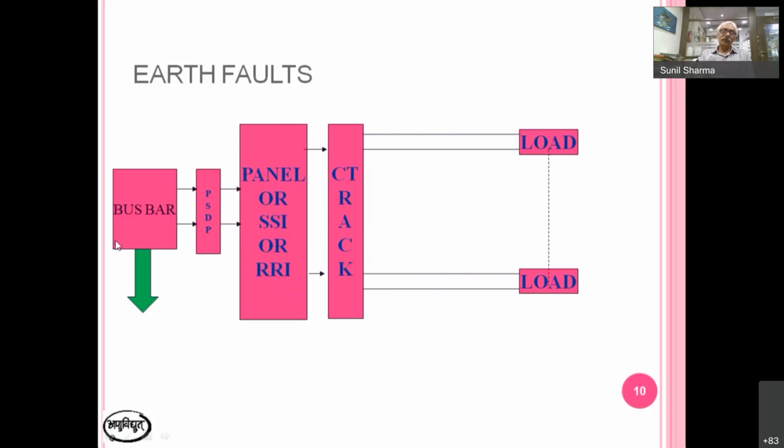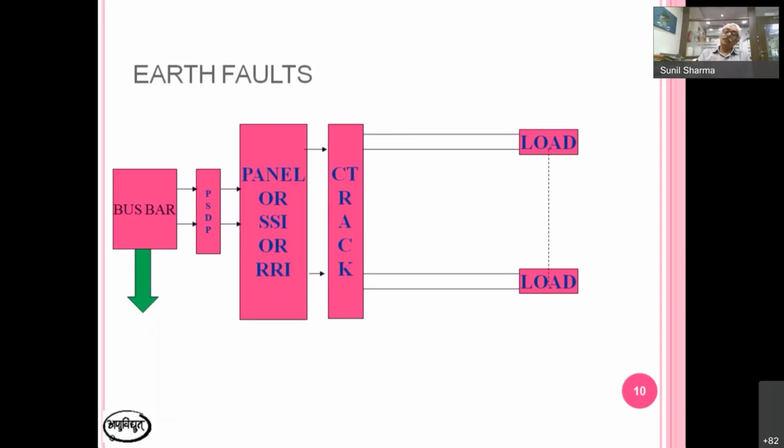Suppose this busbar is leaking to the earth, as I have shown in green. It means the busbar is always leaking, but here there is no leakage. ELD shows a red indication.